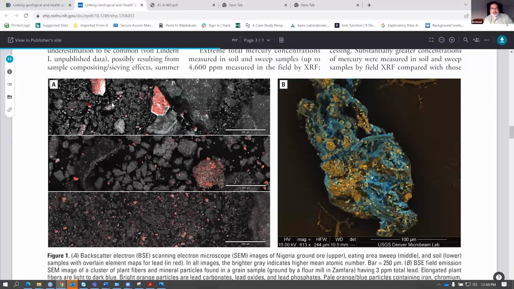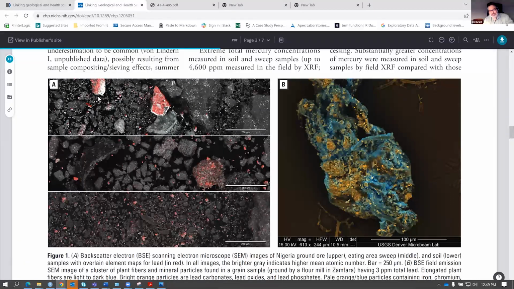If you don't collect enough mass, imagine just grabbing one small area of the sample, right? You'll miss this really large particle. Well, next sample right next to it, you'll end up having that particle fall in, and that'll make a huge difference in your sample.